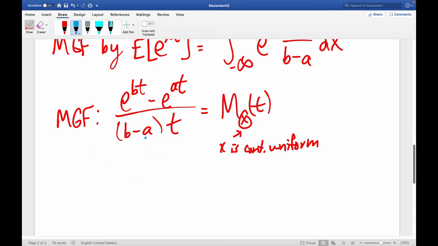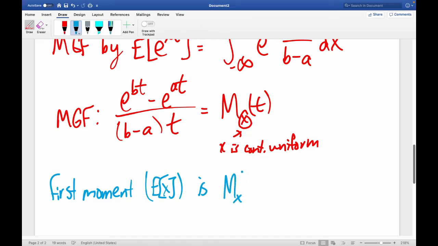In order to find the first moment, which is also just the expected value, we take the first derivative of the moment generating function, evaluated at t equals 0.